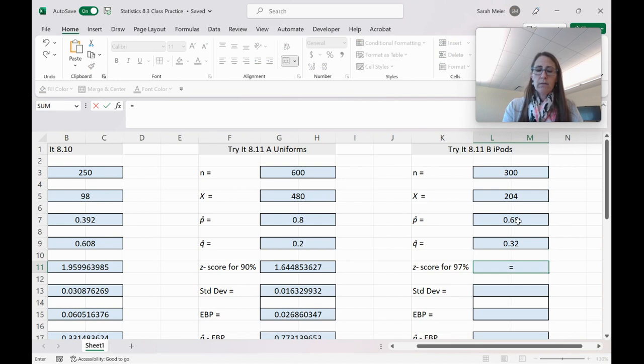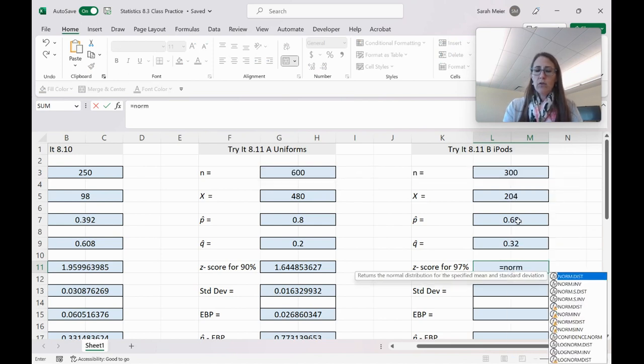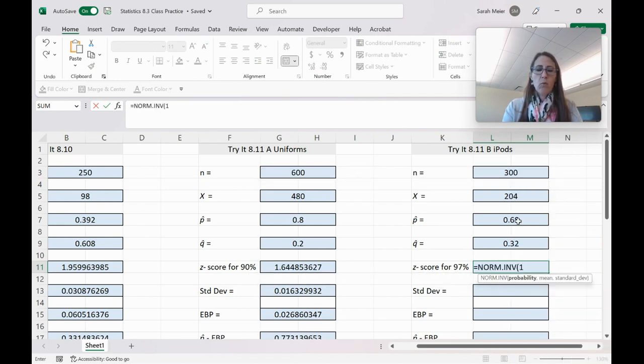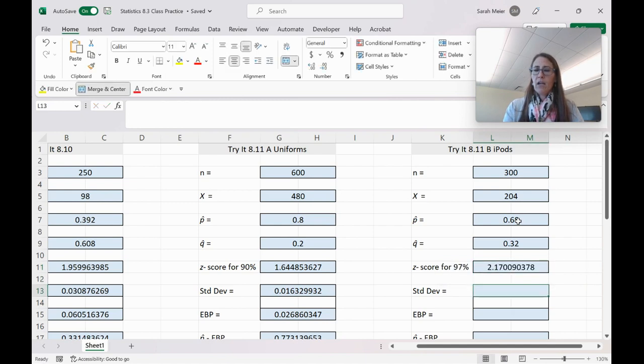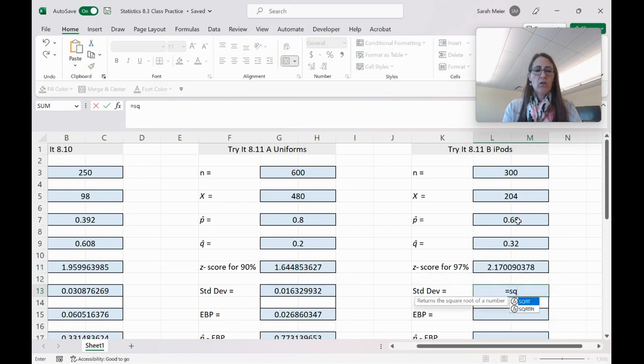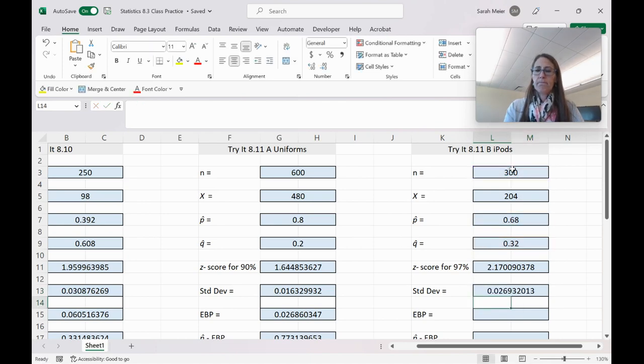Our z-score, super good at these by now. 1 minus 0.03 divided by 2, comma 0, comma 1. Our standard deviation, the square root of p hat times q hat divided by our sample size.